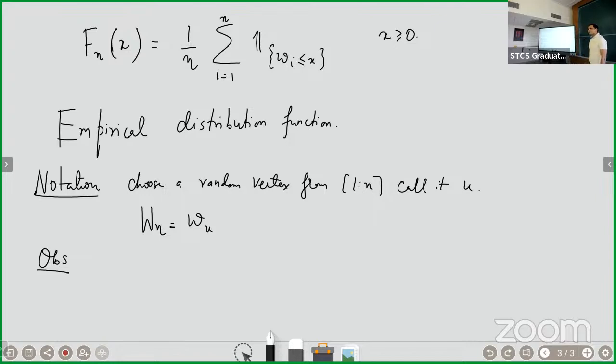What would be the distribution of W_n, where the randomness is over the random choice? The definition of W_n has the same distribution as that. It is exactly F_n, a distribution. These objects by now should come naturally to you.